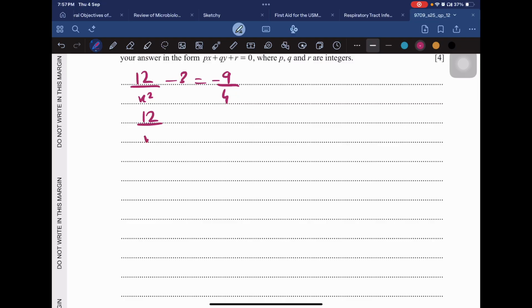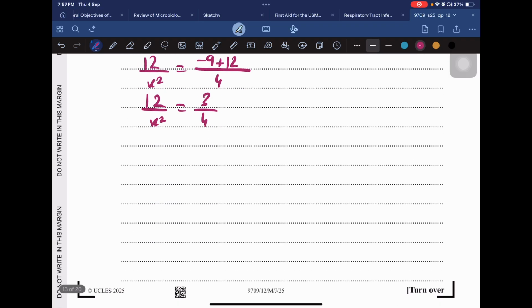So 12 upon x squared equals negative 9 upon 4 plus 3. We take 4 as the denominator, so negative 9 plus 12, 3 upon 4.